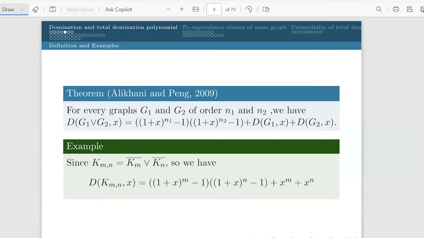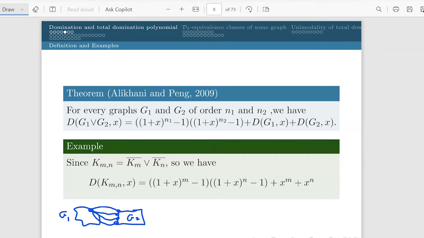If I have a graph G1 and, for example, another graph G2, then if I connect every vertex in G1 to every vertex in G2, then I have G1 join G2. And this formula is about the domination polynomial of the join of two graphs.